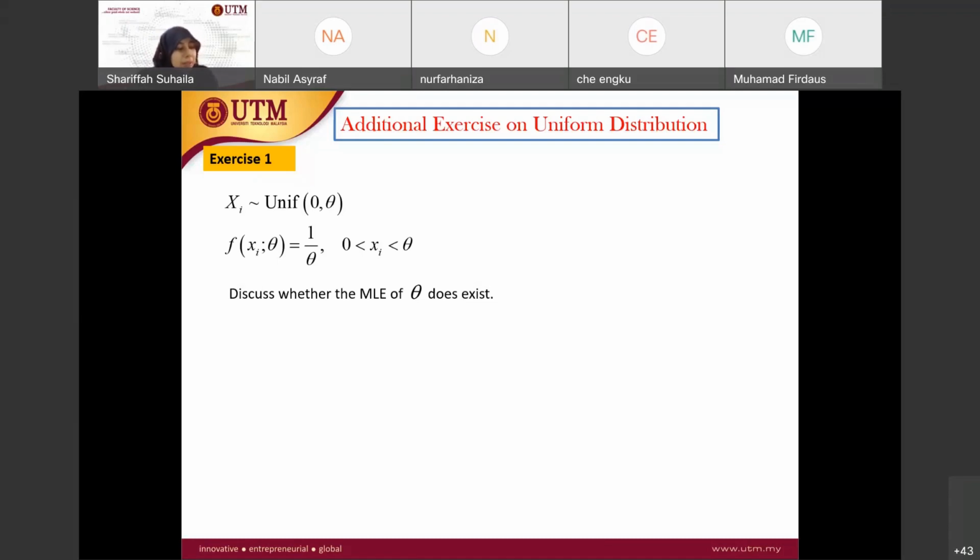The possible value can be anything, because the endpoint is not included. Theta cannot be greater than each observed value, meaning theta is greater than xi. It can be any kind of value because we don't have equality, which would be theta greater than or equal to xi. That is the case for the open interval 0 and theta.